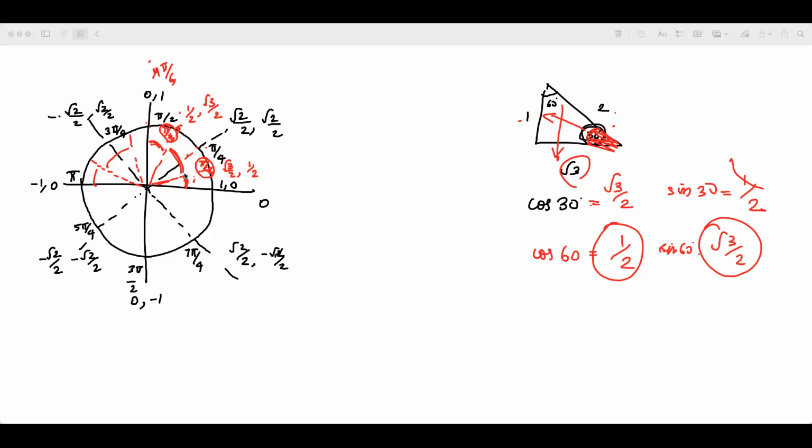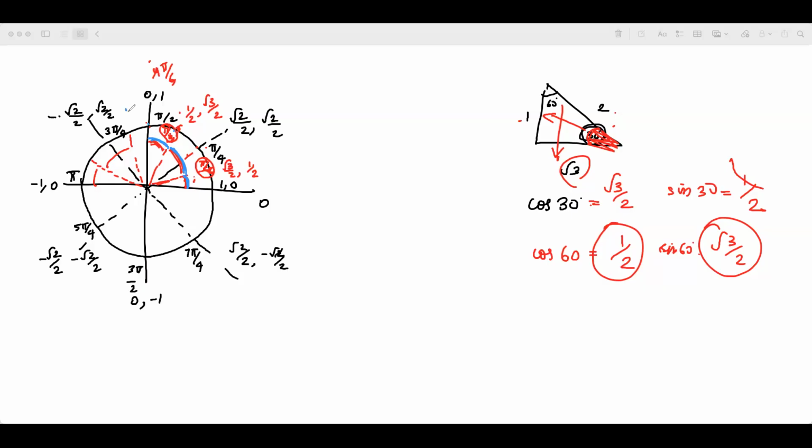Here, this is 30 and then 60, 90. Are you all with me? So each one is a pi by 6. Pi by 6, 2 pi by 6, 3 pi by 6. Does that make sense?